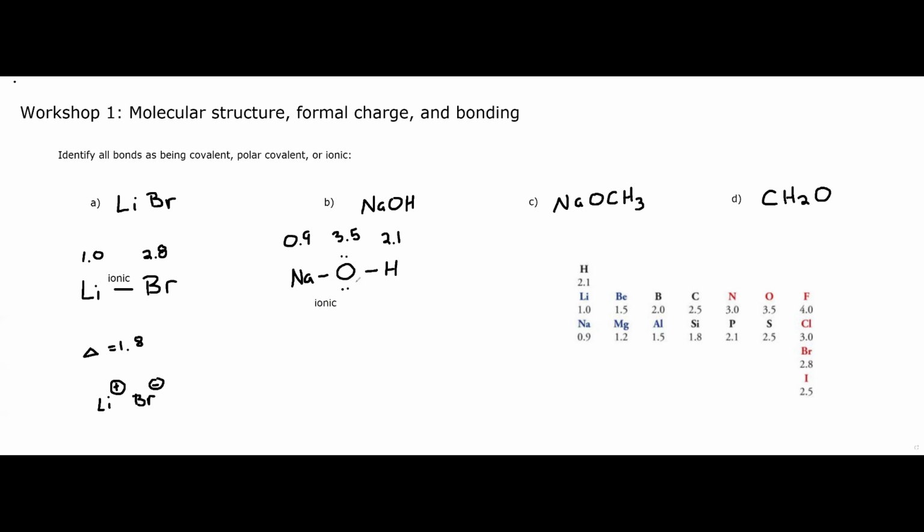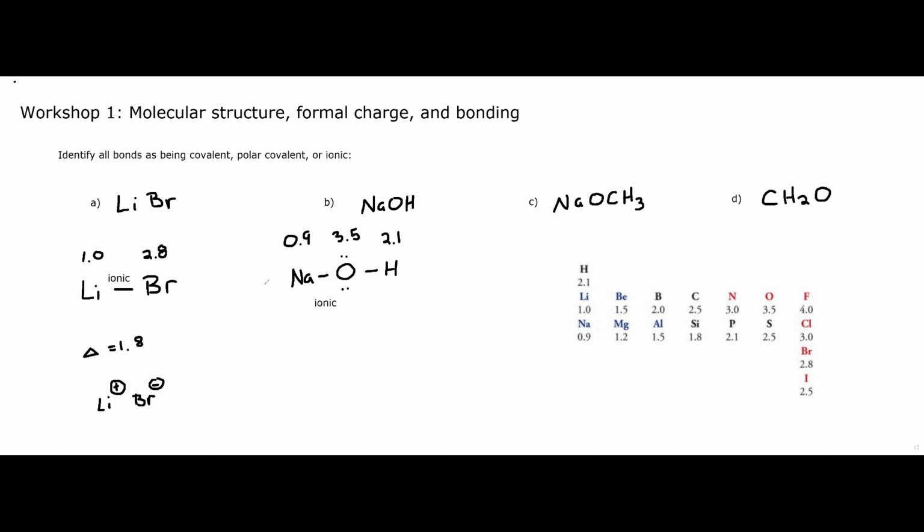And what about oxygen to hydrogen? If we remember from the last problem, this is going to be a polar bond. Let's double check that by looking at the electronegativities. So 3.5 minus 2.1, the difference between these two numbers is 1.4.